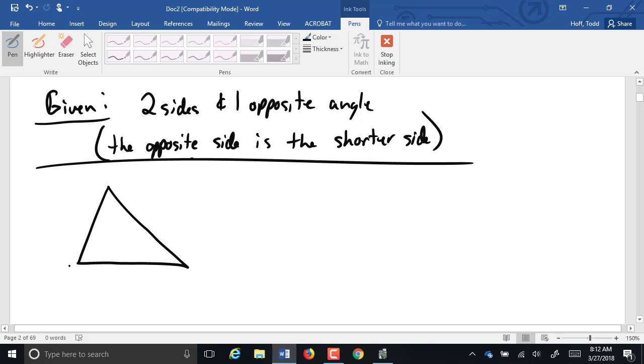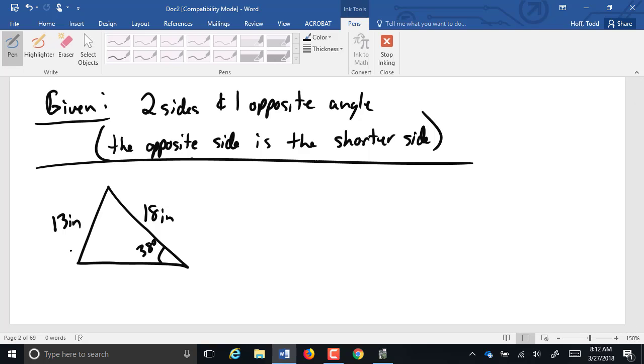So if I give you this picture where you see that this is 38 degrees, and I tell you that this here is 18 inches, and maybe this over here, oh, let's call it like 13 inches. If I give you that picture, this isn't really a problem at all because I can tell what things have to be.